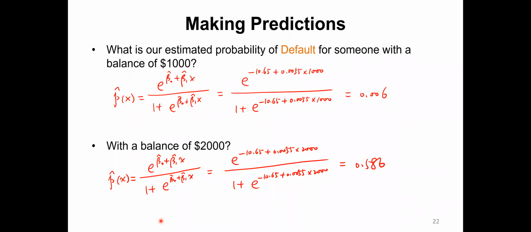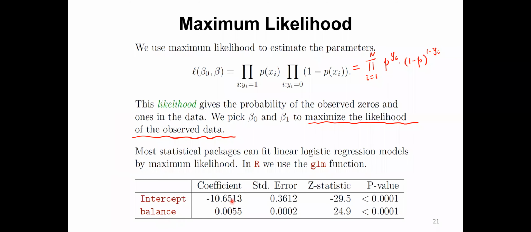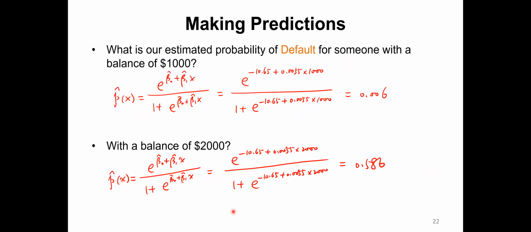So now, after we got beta 0 and beta 1, how do we do the prediction? What is our estimated probability of default for someone with a balance of $1,000? The probability of default is exponential of beta 0 plus beta 1 x, divided by 1 plus exponential of beta 0 plus beta 1 x.